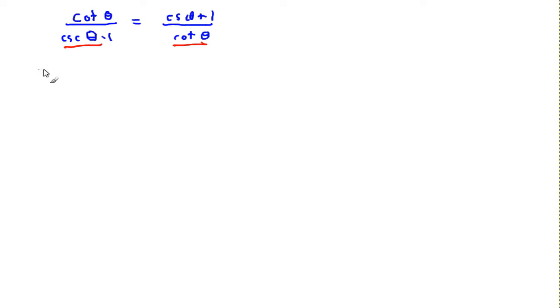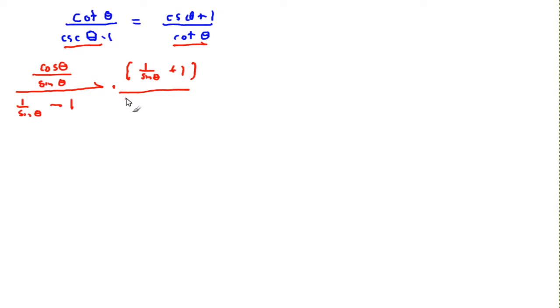So cotangent is equal to cosine theta over sine of theta. And on the denominator, cosecant is equal to 1 over sine of theta minus 1. So what we want to do to this is multiply the numerator by 1 over sine theta plus 1.